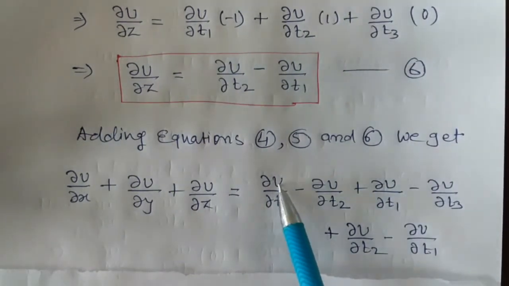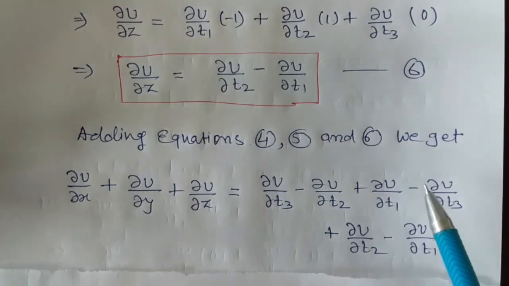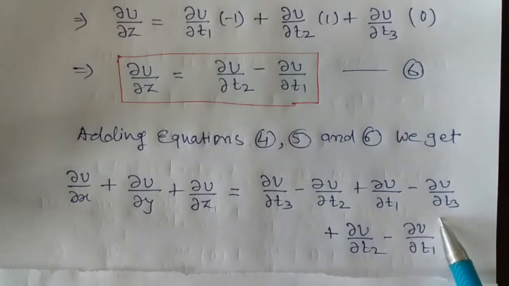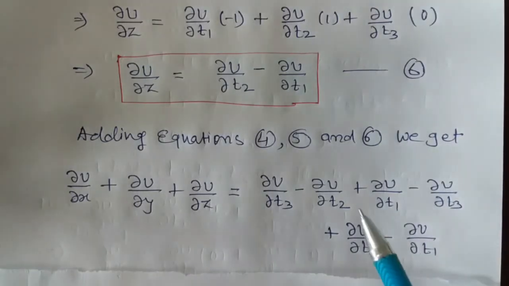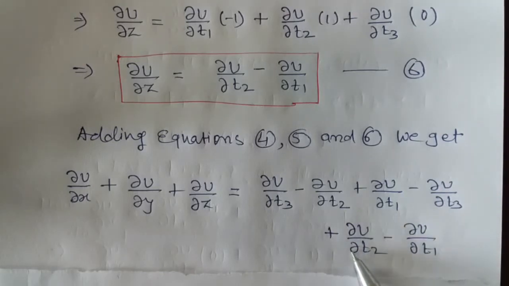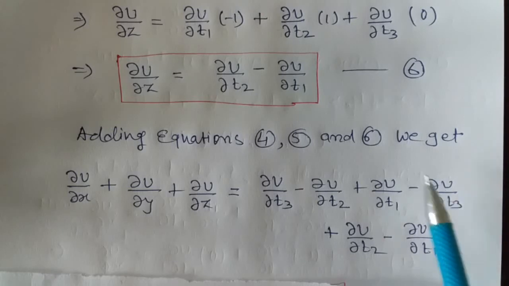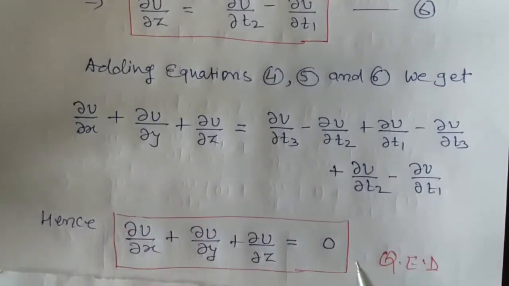So here positive del u by del t3 and negative del u by del t3 cancel, positive del u by del t1 and negative del u by del t1 cancel, and negative del u by del t2 and positive del u by del t2 cancel. So on the right hand side all terms are cancelled and we get 0. So this is our required result using the total derivative.